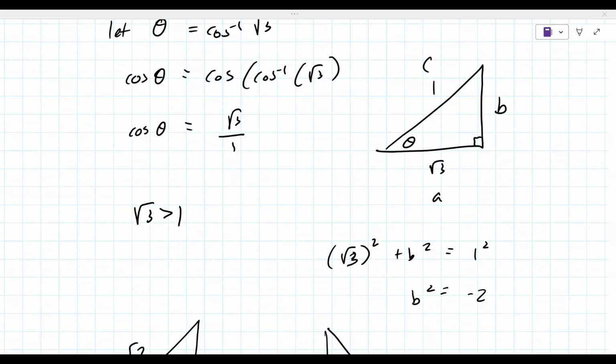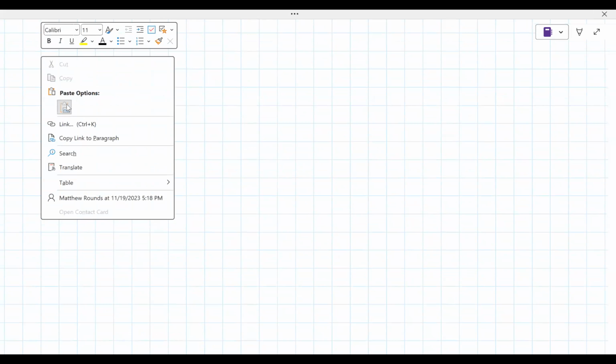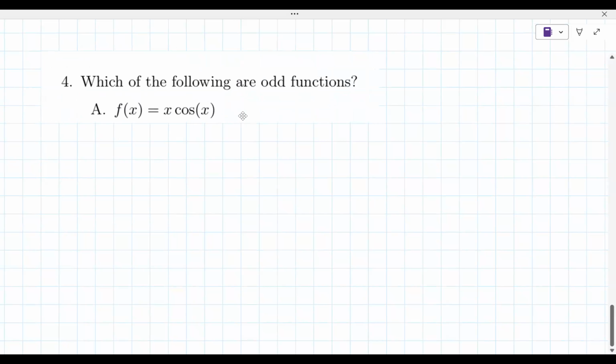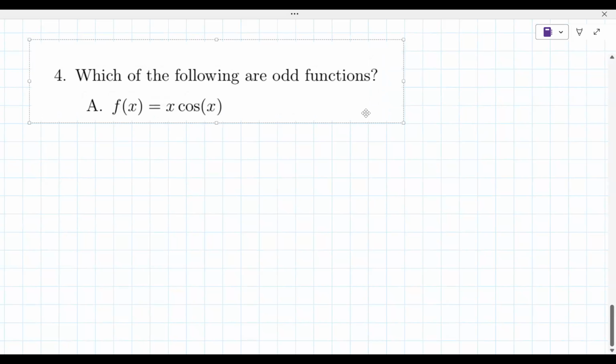Where did my stepping tool go? Okay, number 4 for A. There is a recipe here to determine whether functions are odd or even. I don't know if you like to cook or bake. The recipe is you start by evaluating f of negative x.